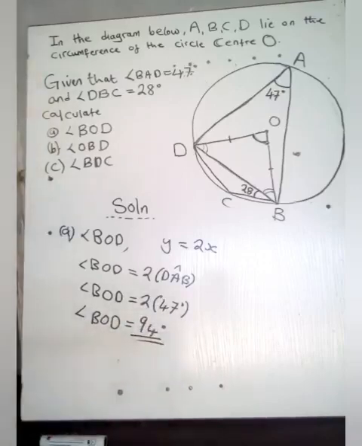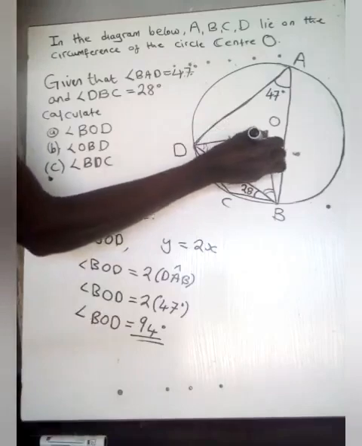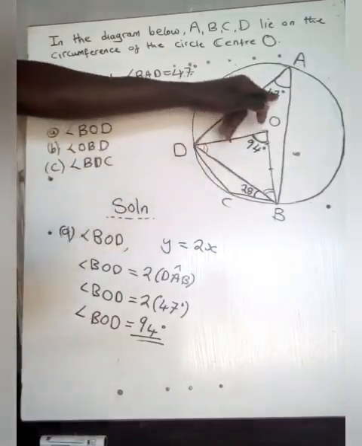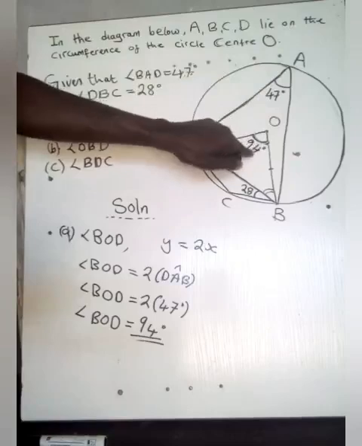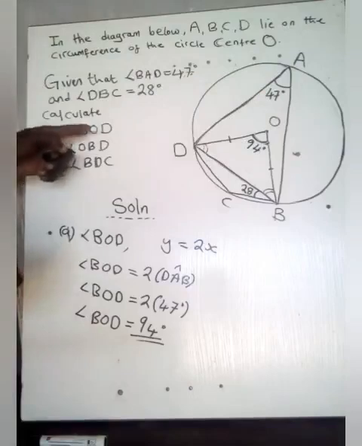That's all. You have calculated your BOD. So angle BOD is 94 degrees. It's true: 47 becomes 2 times at the center, and it becomes 94. So I've calculated my BOD.